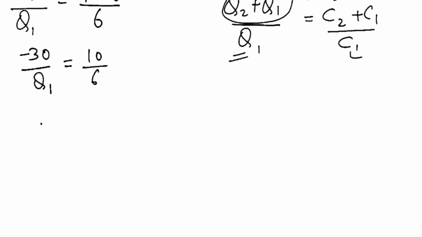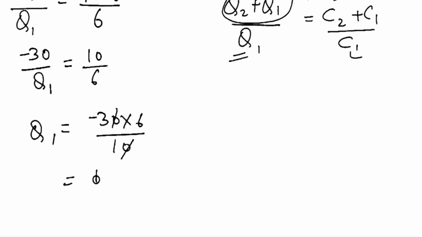So Q1 will be minus 30 into 6 divided by 10. Here the zeros cancel out, so it will be 18. Okay, minus 18 microcoulomb.